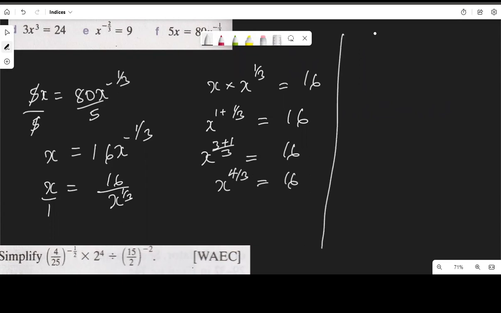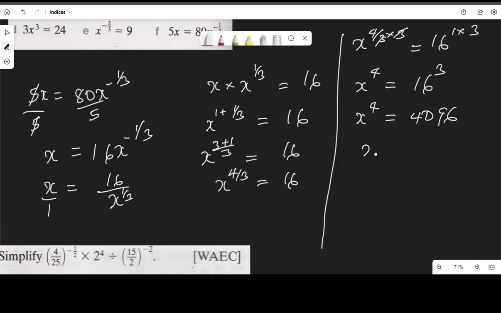Now to get rid of this 3, 4 over 3, let me multiply both sides by 3 equal to 16 to the power of 1 times 3. So this 3 will go. s to the power of 4 is equal to 16 to the power of 3. 16 to the power of 3 is 4096. s will be the 4th root of 4096.